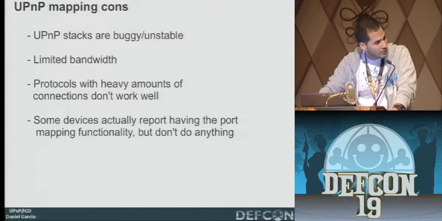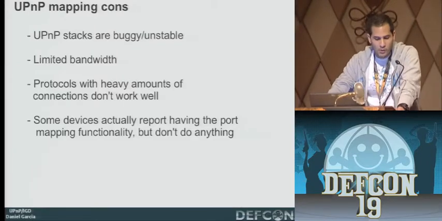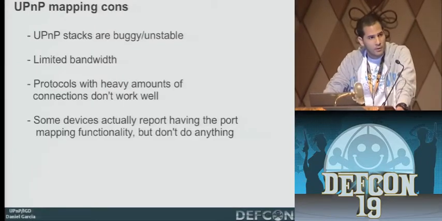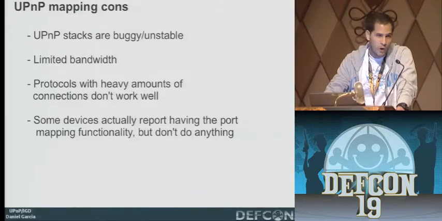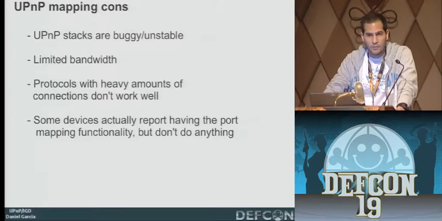bandwidth of the devices. And also, we have problems with protocols that have a heavy amount of connections. I mean, we can use UPnP mapping for maybe mapping ports for SSH, maybe some web requests. But if you get something like torrent or whatever, obviously it won't work that well.